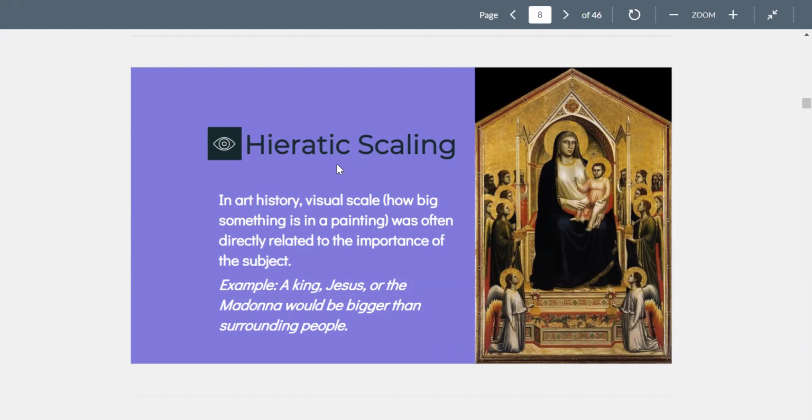See, all the other human beings here are shown in a scale according to the picture, but this one, they have made bigger to get your attention into it. So we call it hieratic scaling, to make it bigger, to get your attention and show the emphasis of it, focusing on that part.